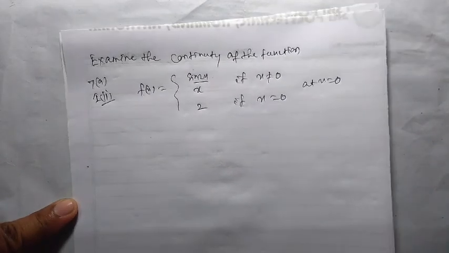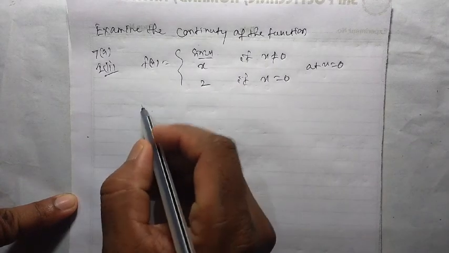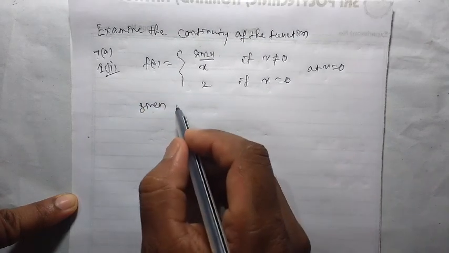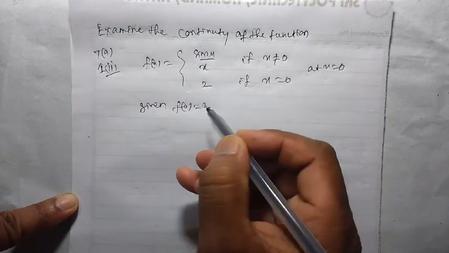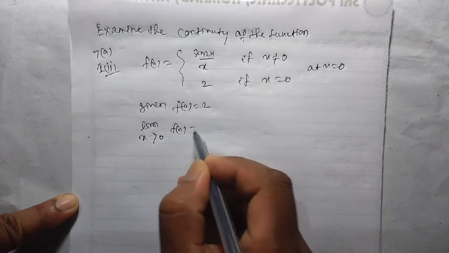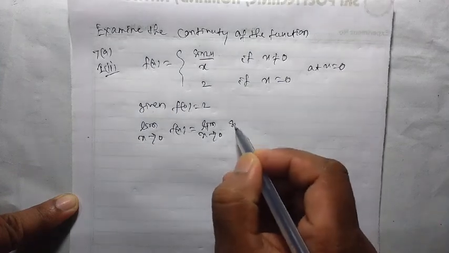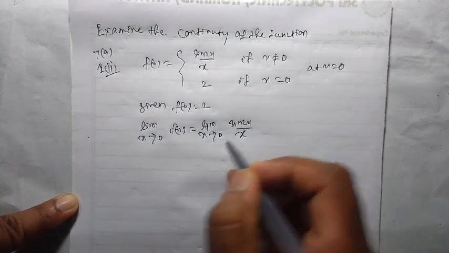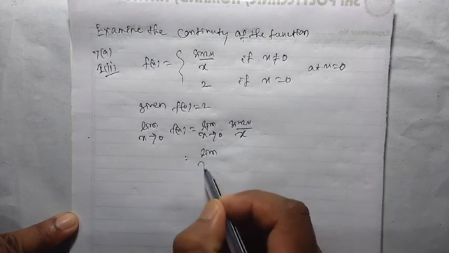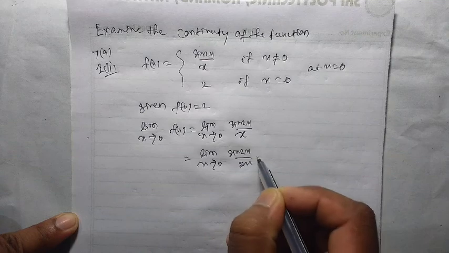In this question, it is given that f of 0 is equal to 2. At x is equal to 0, f of x is equal to 2, that is f of 0 is equal to 2. Limit x tends to 0 f of x is equal to limit x tends to 0 sin 2x by x, which is equal to limit x tends to 0 sin 2x by 2x into 2.